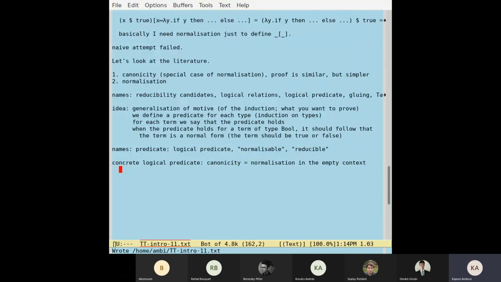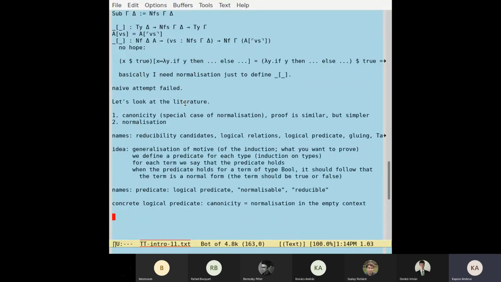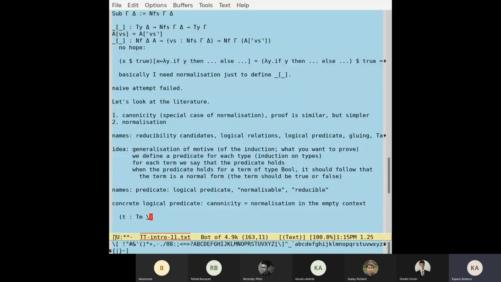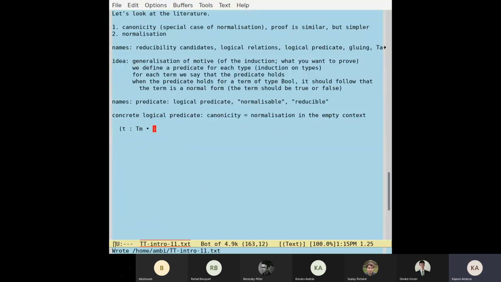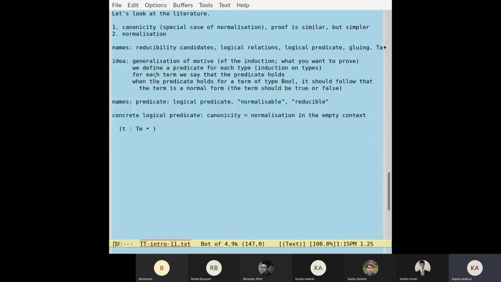For our example type theory with pi and bool, canonicity says that for any term in the empty context, we won't care about general normal forms, only the empty context. If we have a term t of type bool, then t is either equal to false or equal to true.